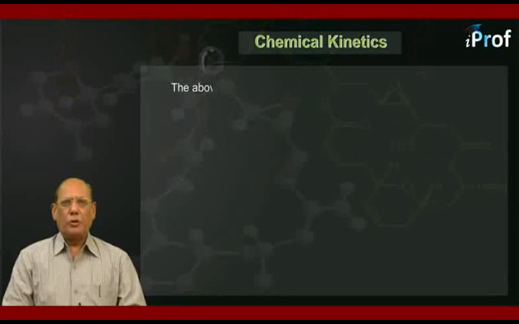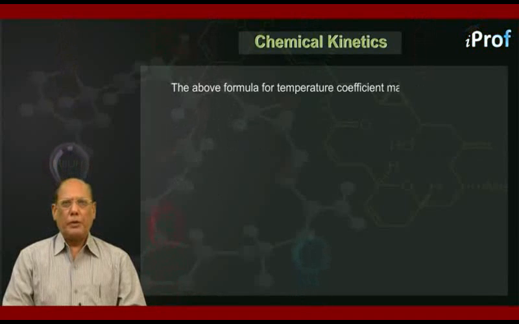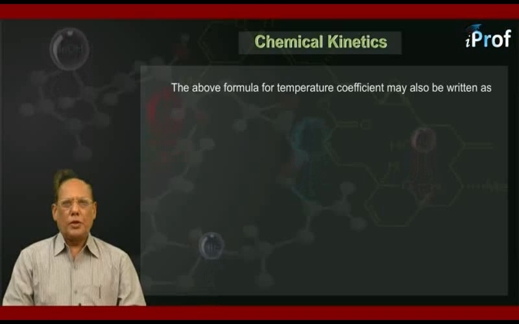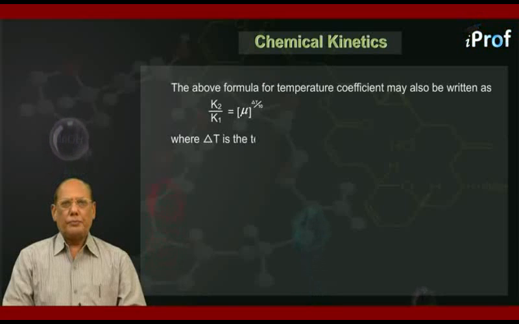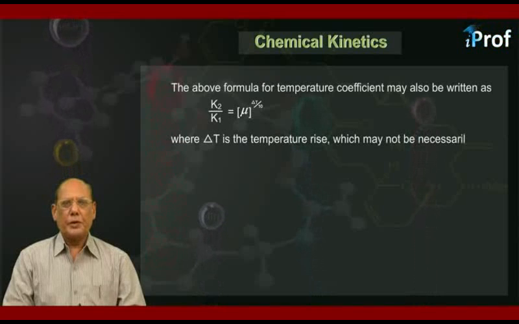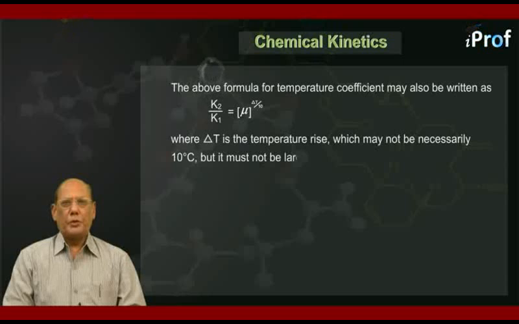The above formula for temperature coefficient may also be written as K2 by K1 equal to mu to the power delta T by 10, where delta T is the temperature rise, which may not necessarily be 10 degrees Celsius, but it must not be large.